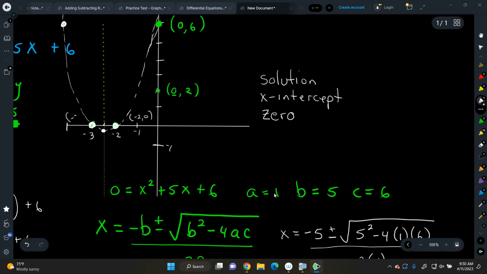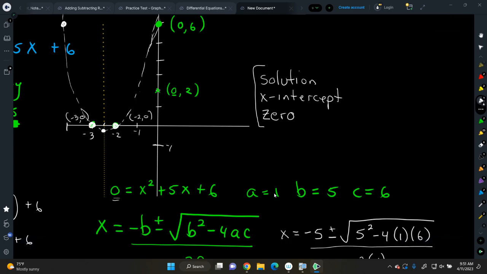This is the point negative 3, 0. When x is 0, the function is not 0, y does not equal 0. Here, the equation equals 0. That's why we call it a zero there.